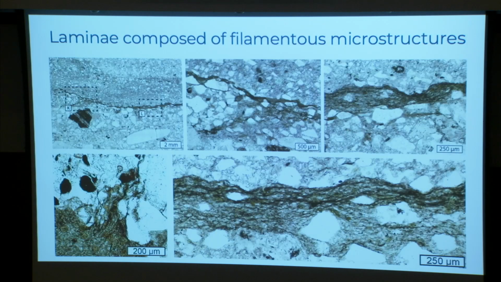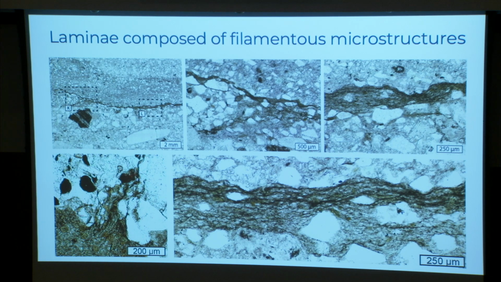A few more images. Here again, this beautiful preservation of these mats is closely linked to early silicification. Without early silicification of these deposits, we would not have preserved them in such great detail. These structures might or might not be interpreted as filaments, but the bottom line is really good preservation.